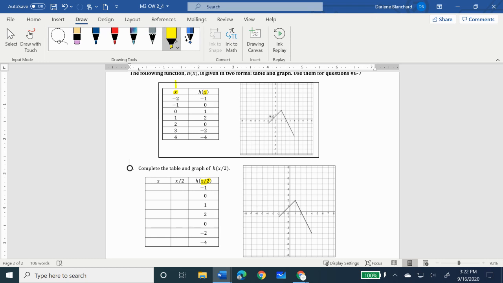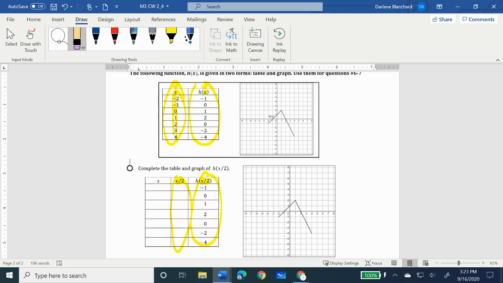You need whatever sits here to match what is going into the h function. X over 2 matches this x over 2. That means that these two columns are going to be side by side here. I just need whatever h says it's taking for its input to be who gets the input.